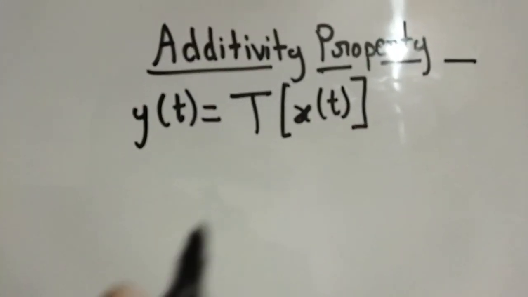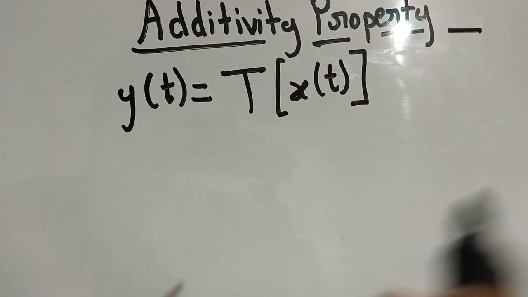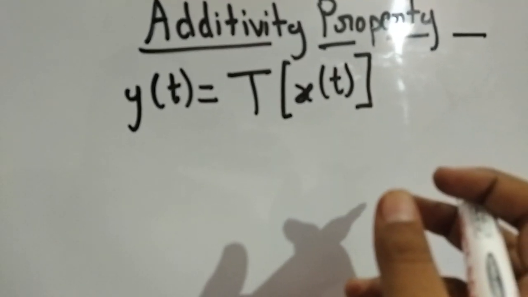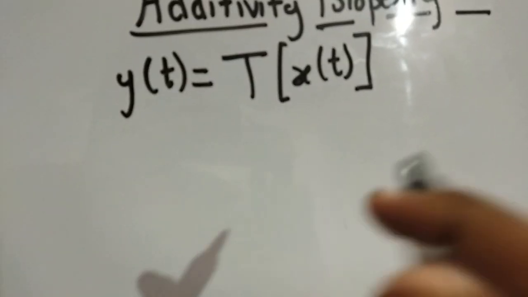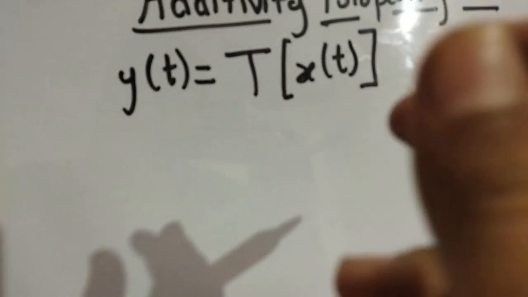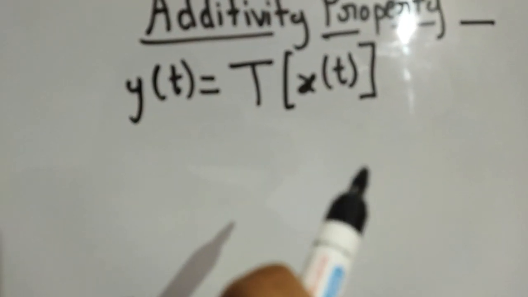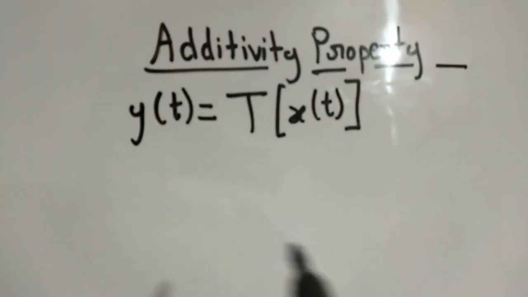For the additivity property, we have to check y1, y2 and y3, and write a relation between them. The relation says that y3 is equal to the sum of y1 and y2.